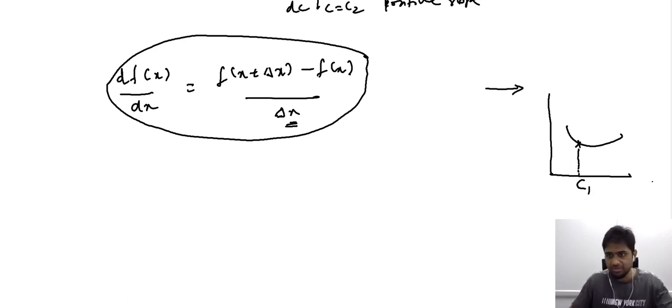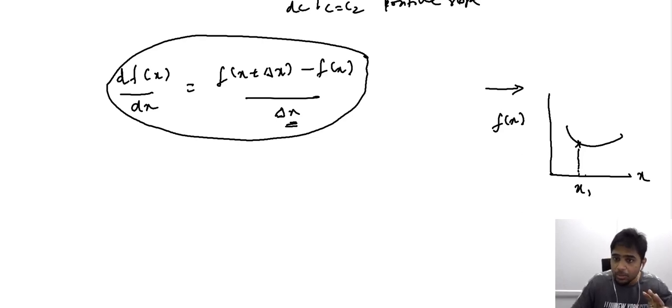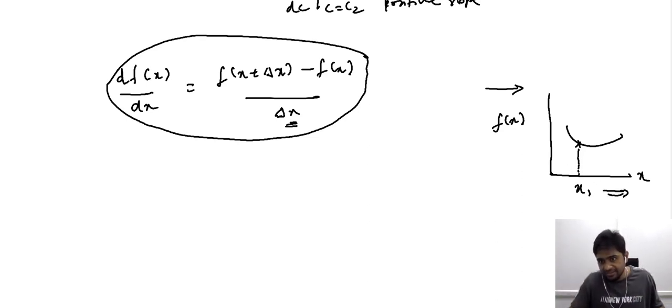So let us have a generalized discussion here. We have a function f of x that is dependent solely on x, and we want to know the derivative at x1. In order to do that we consider a subsequent point, which we have so far assumed to be a point that is subsequent. So x1 increases linearly in this direction.